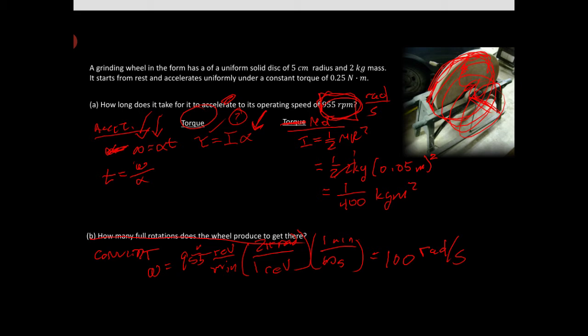So that's I. Alpha is going to be equal to tau over I. Tau is 0.25 Newton meters, so that's 1/4, and I is 1/400, so we have 400 over kilogram meters squared.